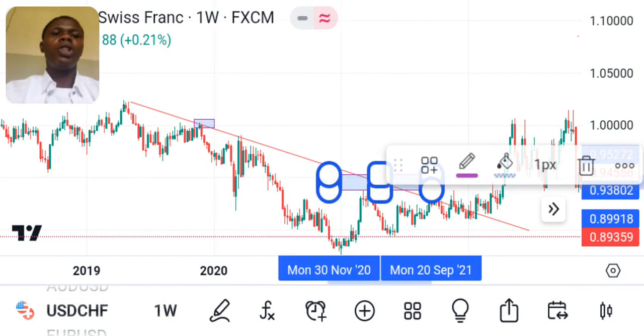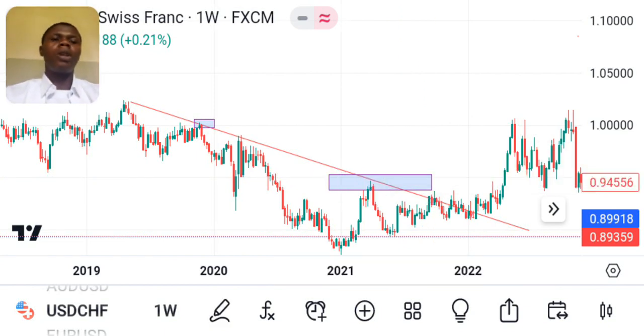This is another major swing point. Now, why am I calling this a swing point? If you check very well, we have some little moves in between these points before the market came back to this trend line. The reason I'm using this major swing point is to tell you that this is smart money, guys.